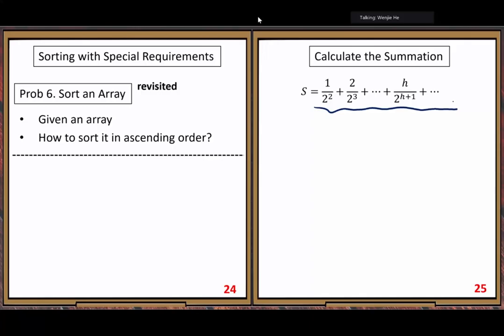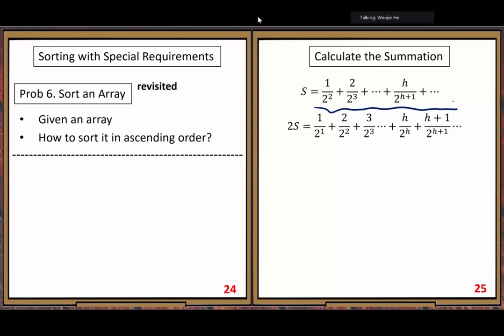That is, when we multiply the whole thing by 2, we have a similar structure. 2S equals... all the denominators are still powers of 2.